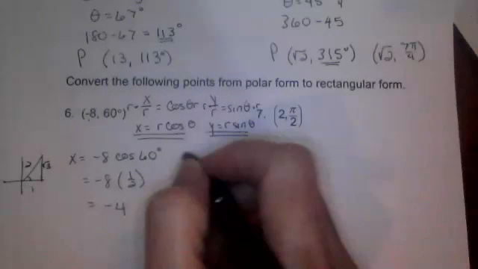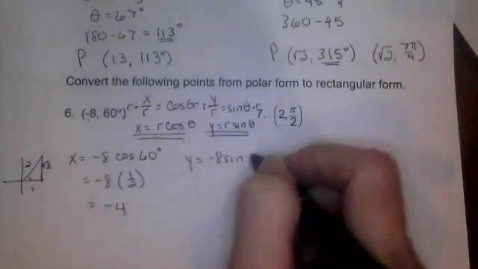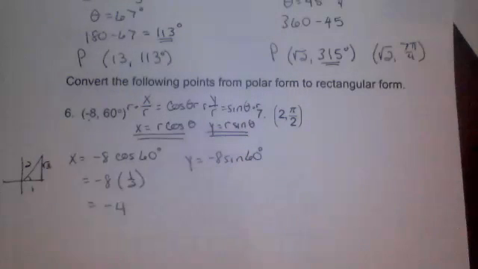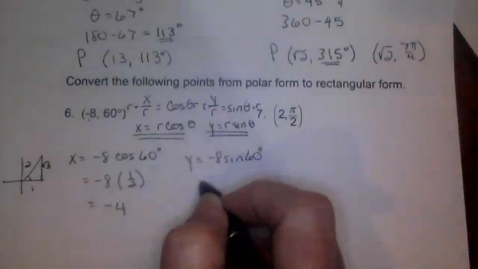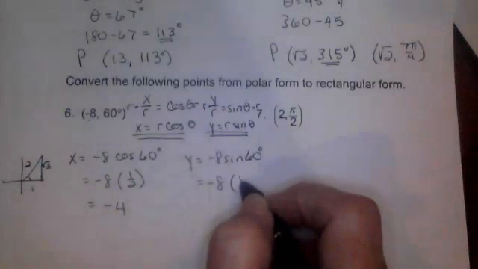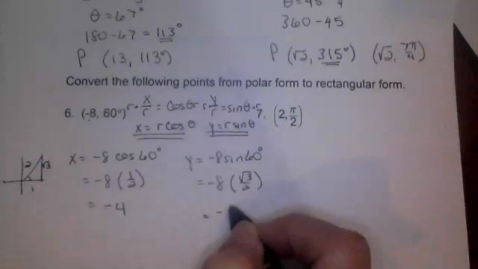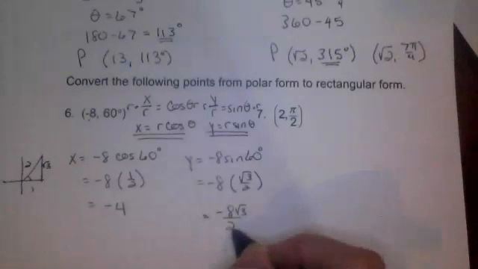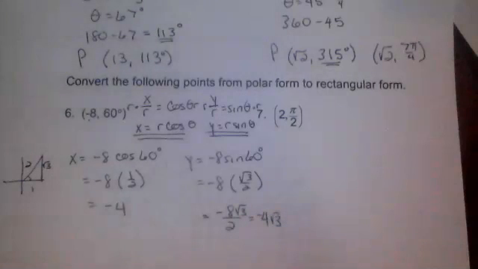For our y value, we're going to get r, -8, sine of 60 degrees. The sine of 60 degrees is y over r, or square root of 3 over 2, so -8 times square root of 3 over 2. So I get -8 square root of 3 over 2, which reduces to -4 square root of 3.